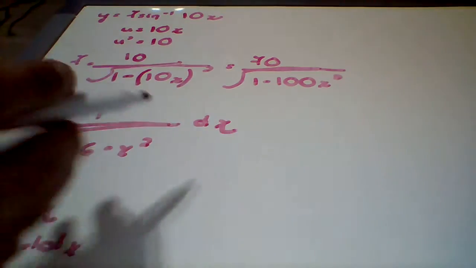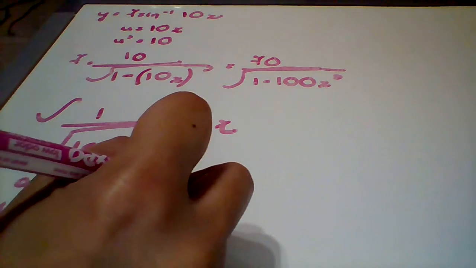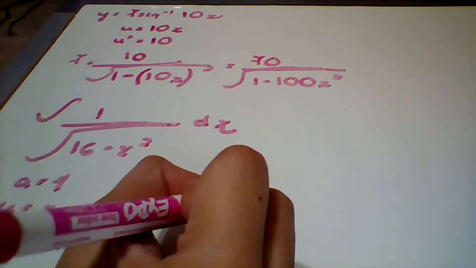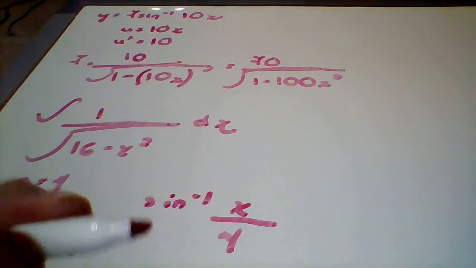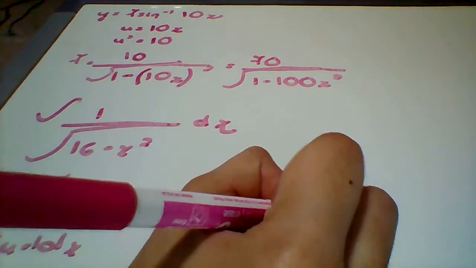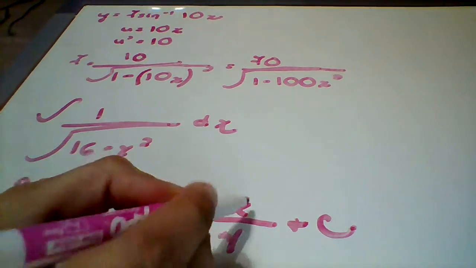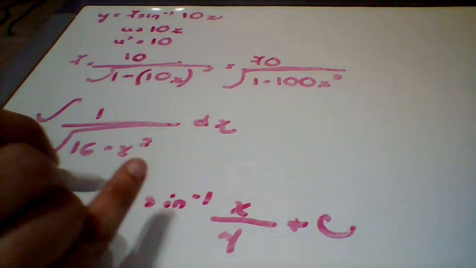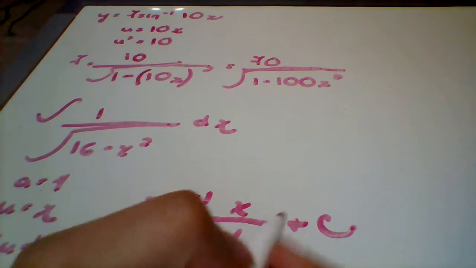So then that would become sine -1 of x over 4 plus c, because that would be sine -1 of u over a, plus c. So that would be your answer.